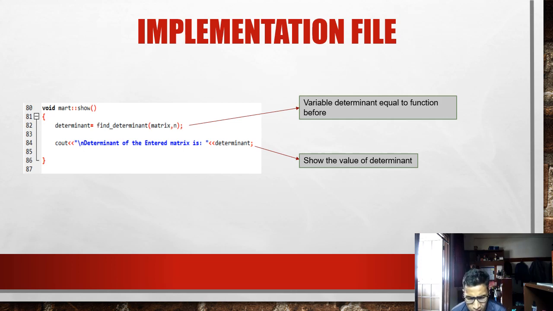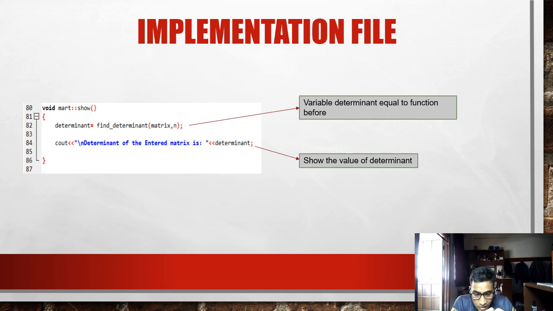I sometimes make the function name long because it makes it easy for me to detect mistakes, like find determinant. So this variable determinant is equal to the function before, which is type integer.